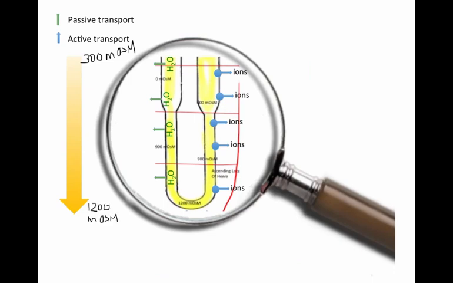And so the interstitial fluid of the adrenal medulla gets saltier and saltier as we move down into the center of the kidney.